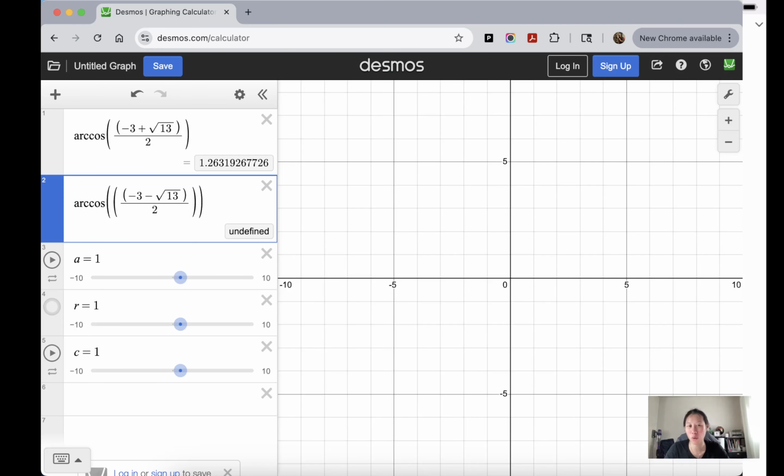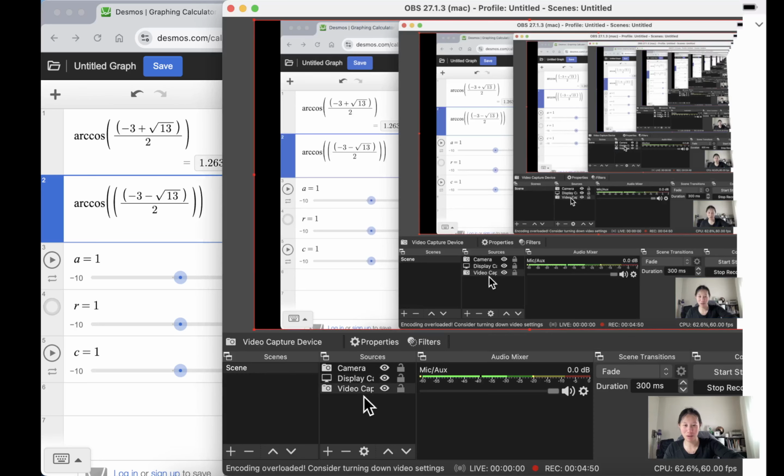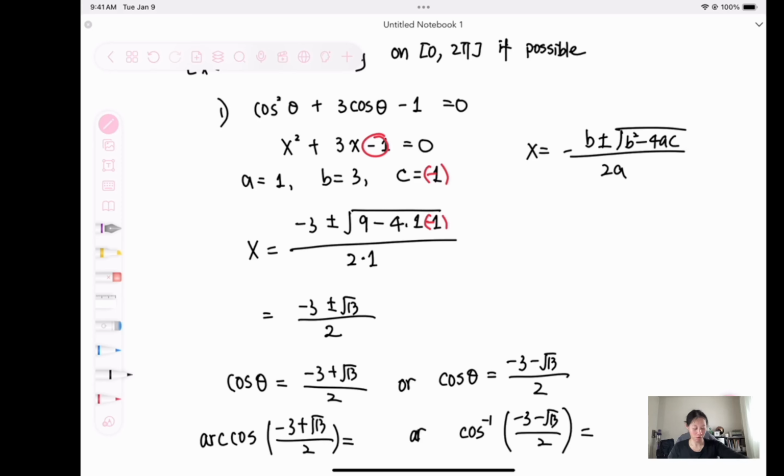Why is that? Do you know what caused the undefined? Okay, I'm going to write down the solution first. So first, this one is impossible, or undefined, or doesn't exist. And the first one is equal to 1.2632 radians.